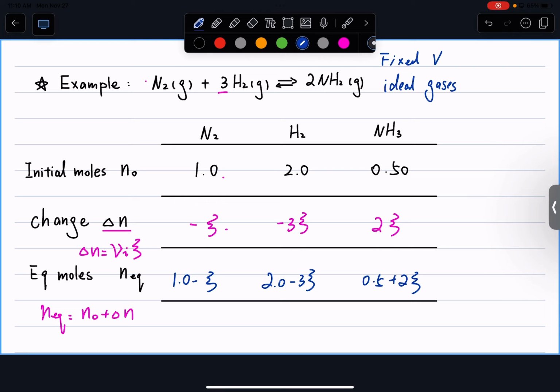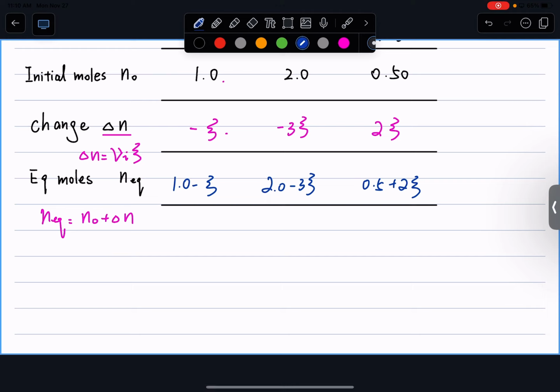All right, so that's what we mean by express the number of moles of different species in extent of reaction. Now, with that in hand, we can use this expression and our ideal gas law to get more information about the system. For example, we know that the total number of moles of all your chemical species adds up together.